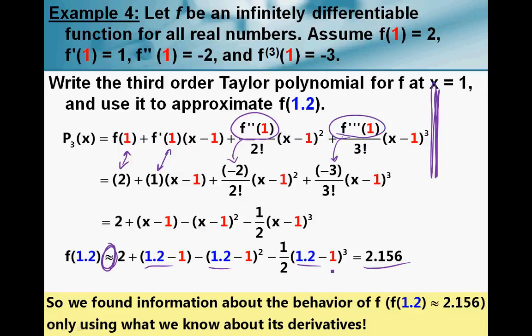All I know is that I've got some function f and that its derivatives are equal to a couple different values at x equals 1. But I was able to use those couple values of the derivative to approximate what the function itself was doing. So in many ways, you could think of a Taylor series as a way of figuring out how a function is going to behave based on how its derivatives behave, which is kind of an amazing thing.